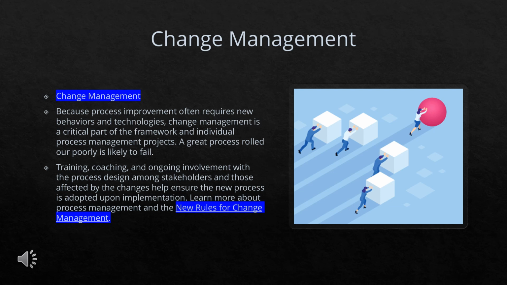So training and coaching and ongoing involvement with processes among stakeholders affected by changes help ensure the new processes are adopted upon implementation. You can learn more about process management and rules for change management later. So change management is used to change workflow, change systems, change strategies in businesses, etc.